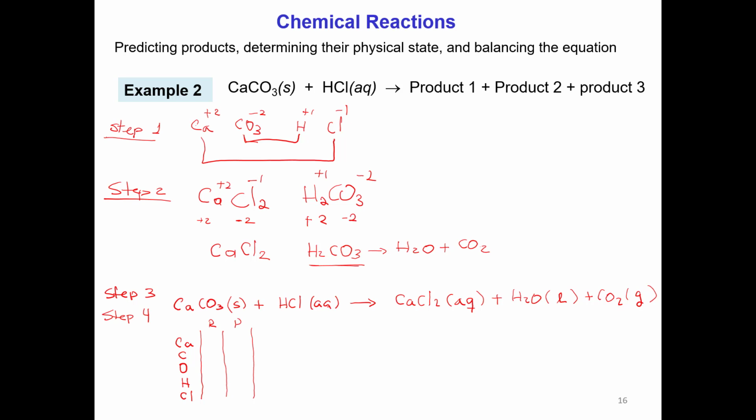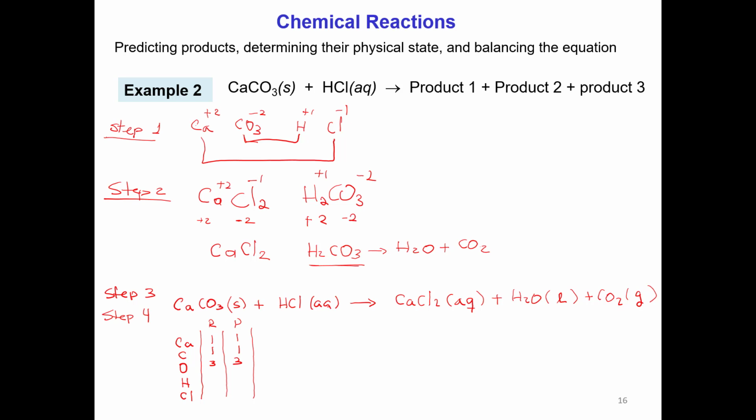Let's see with calcium. Calcium, we had 1 here, we had 1 here, then 1 and 1. Carbon, we have 1 carbon here, we had 1 here, then no problem with carbon. Oxygen, we have 3 oxygens here. We had 1 plus 2, we had 3 oxygens. Yes, then no problem with oxygens.